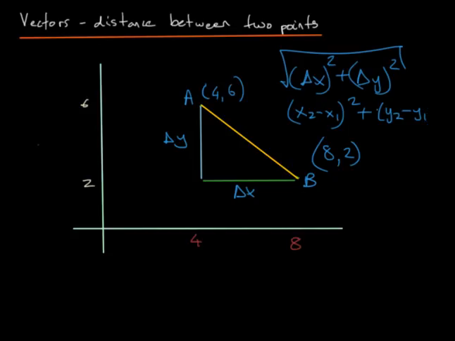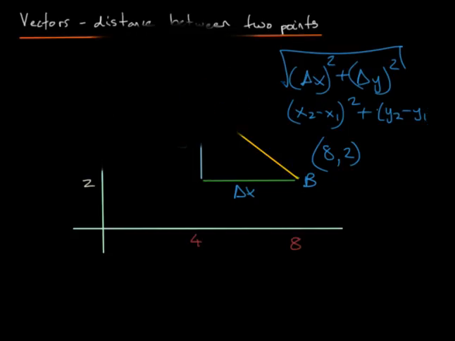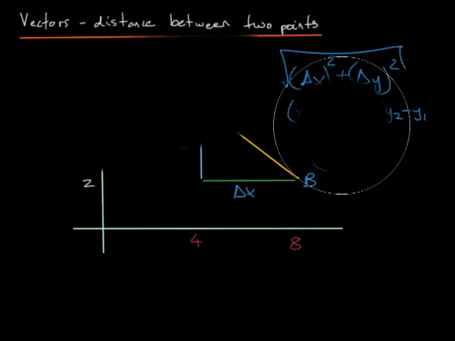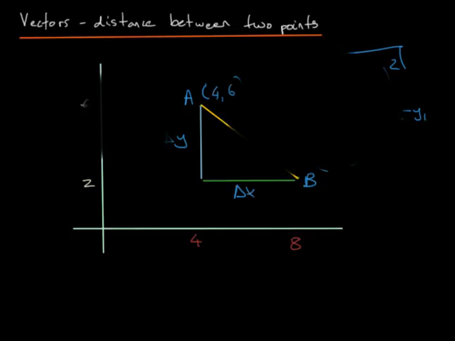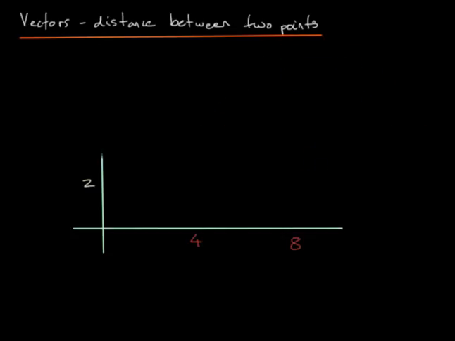Okay, so that's just a little recap on the coordinate geometry method of finding the distance between 2 points. What about vectors?